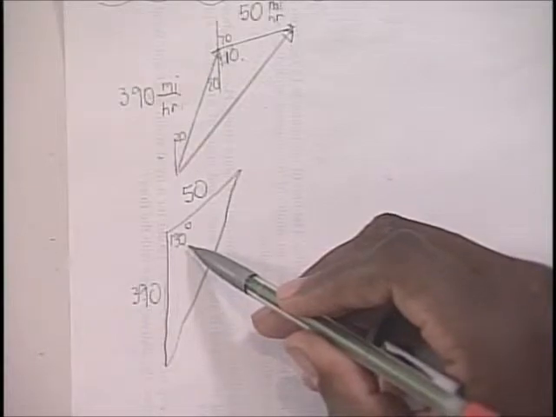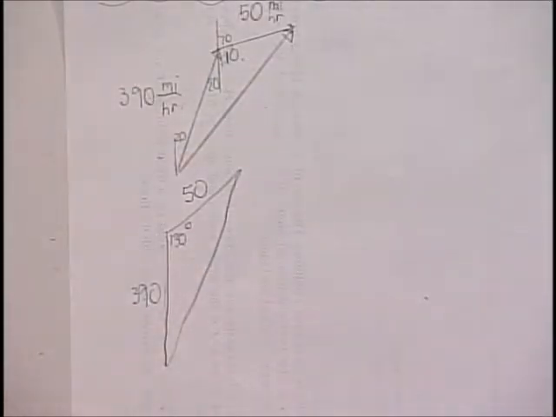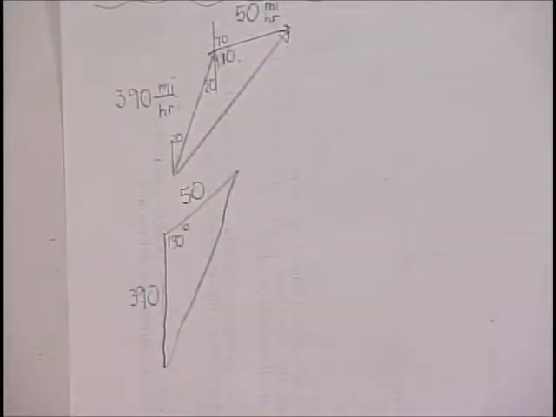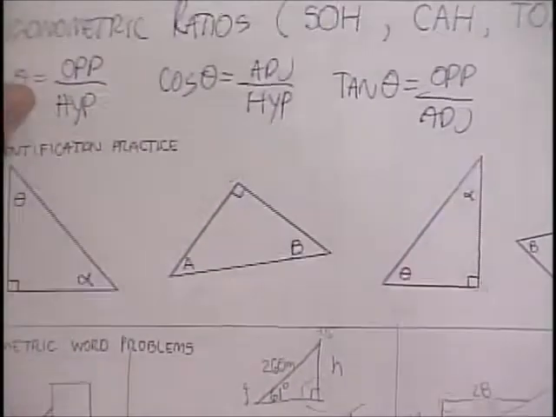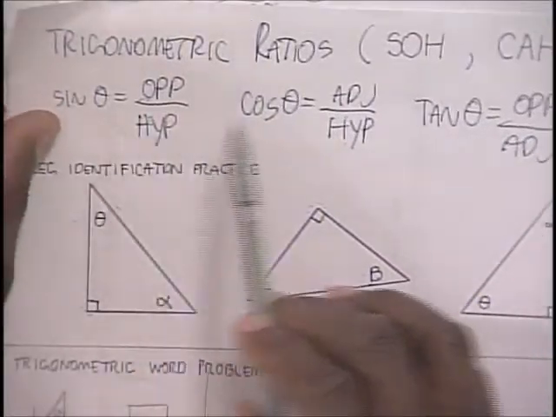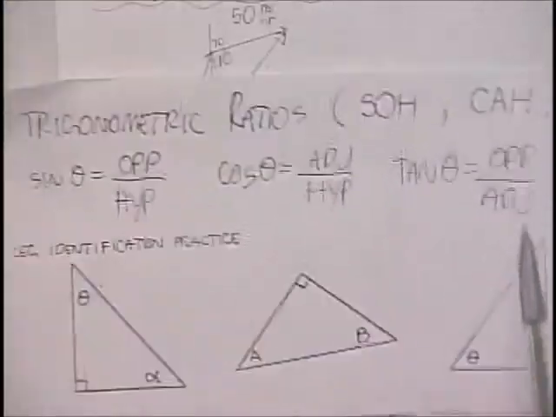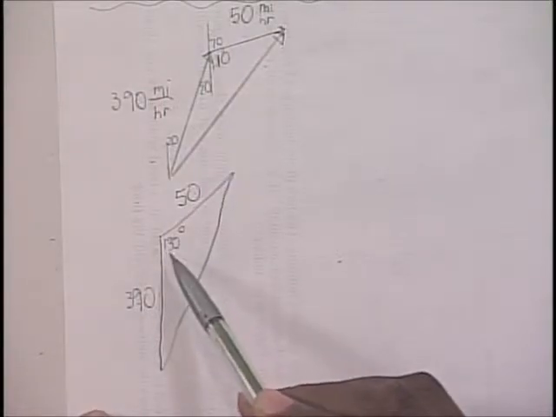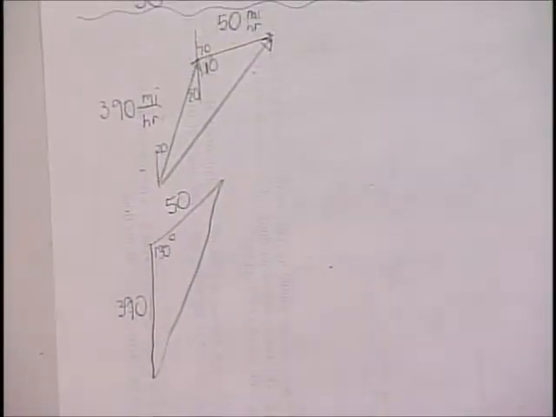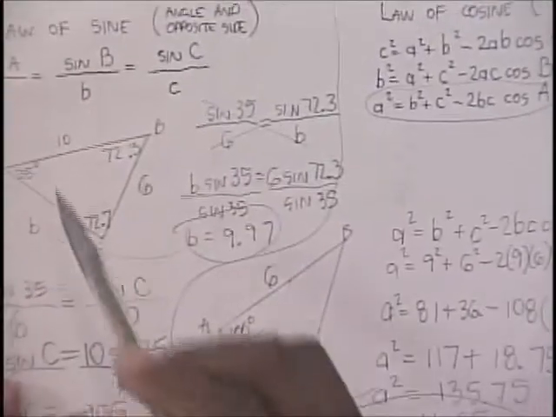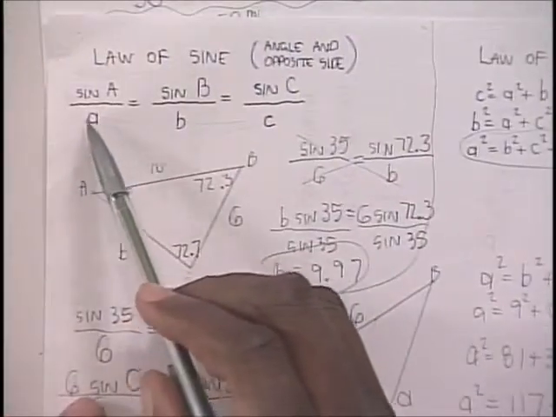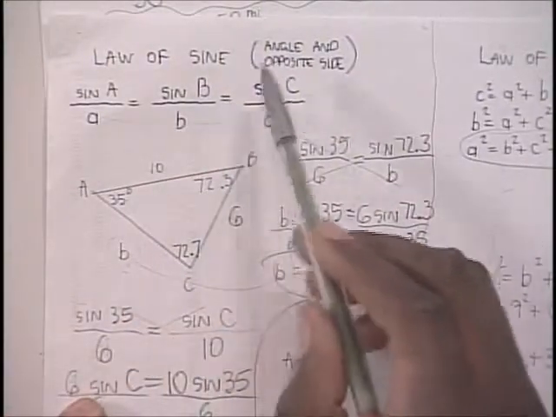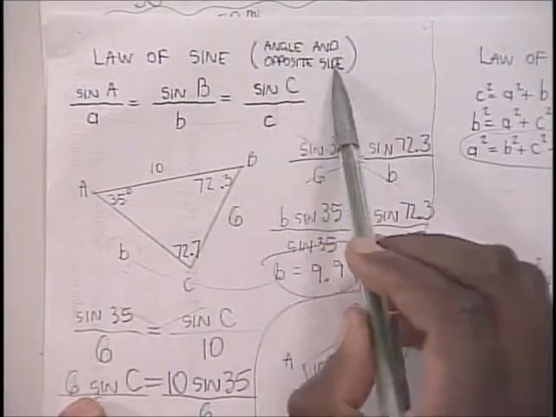Now you do not have a right triangle, so none of the right-triangle trig ratios apply. We've talked about that a number of times today. You also cannot use the law of sines, because for the law of sines you have to have an angle and its opposite side.